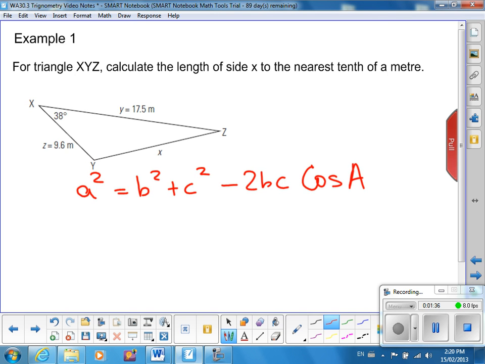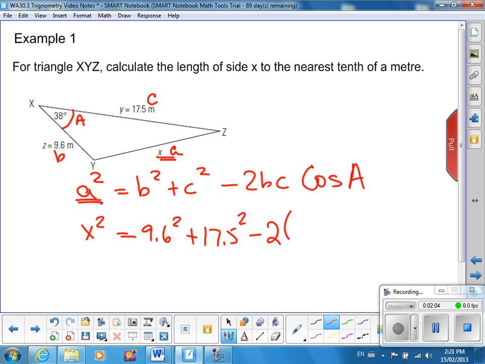So we're using cos A. This is angle A, big A, and I'm looking for side A. And then B and C, it doesn't matter which one they are. So I'm looking for this side A squared, so I'm going to put A on the side that I don't know.